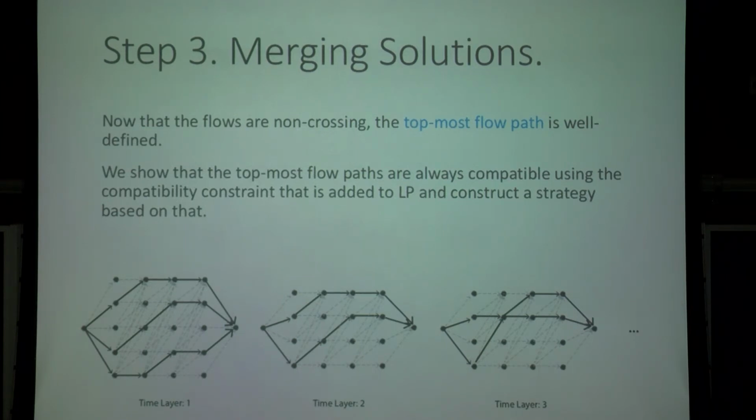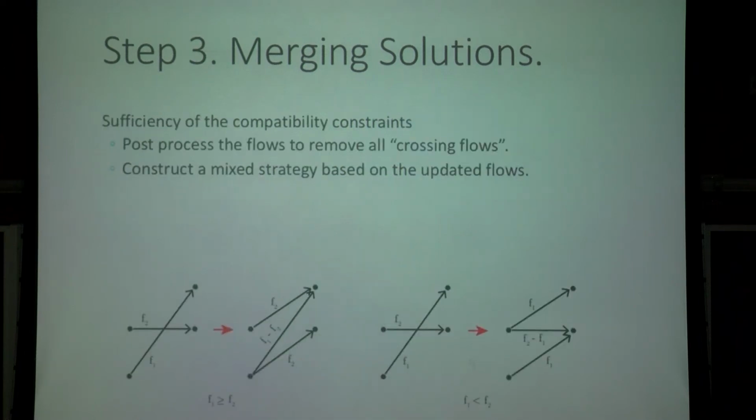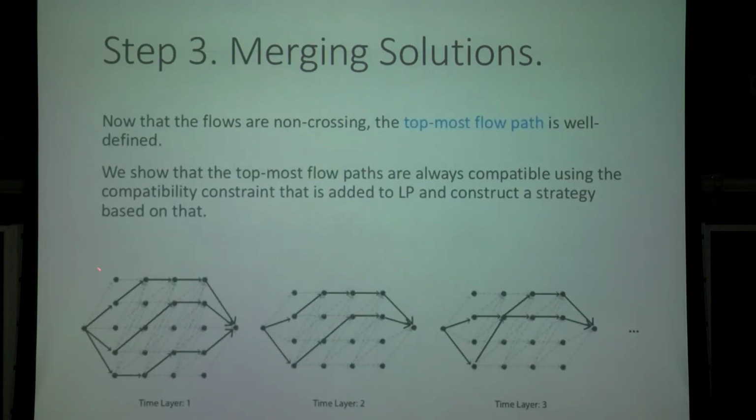But once we are sure that the edges do not cross each other, the topmost path becomes well-defined. So what we do after that is to show that the topmost path of time t is always compatible with the topmost path of time t plus 1, using that compatibility constraint that we have. So this enables us to first get the topmost path of all of these flows.